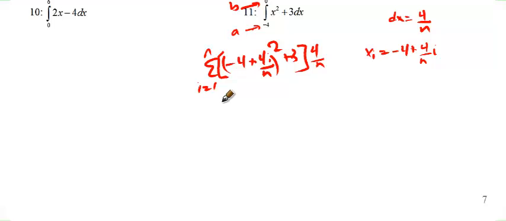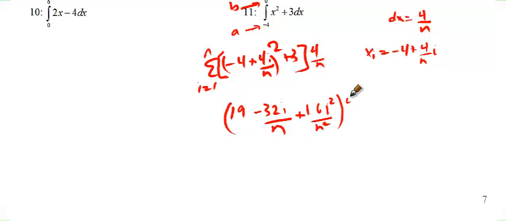Now, this obviously is a little bit trickier because you've got to FOIL all this out. So this ends up being 16 plus 3 is 19. And then we end up with a negative 16i and another negative 16i, so negative 32i over n, and then a plus 16 i squared over n squared, all of that multiplied by 4 over n.